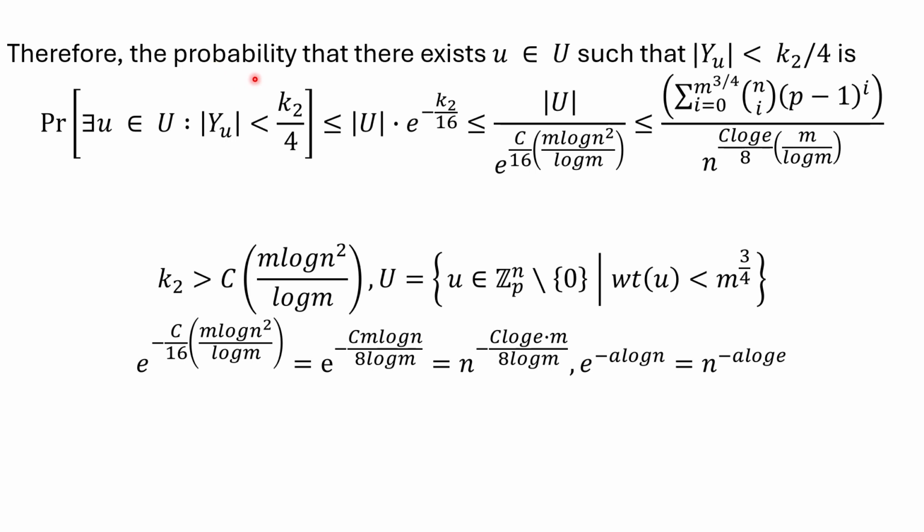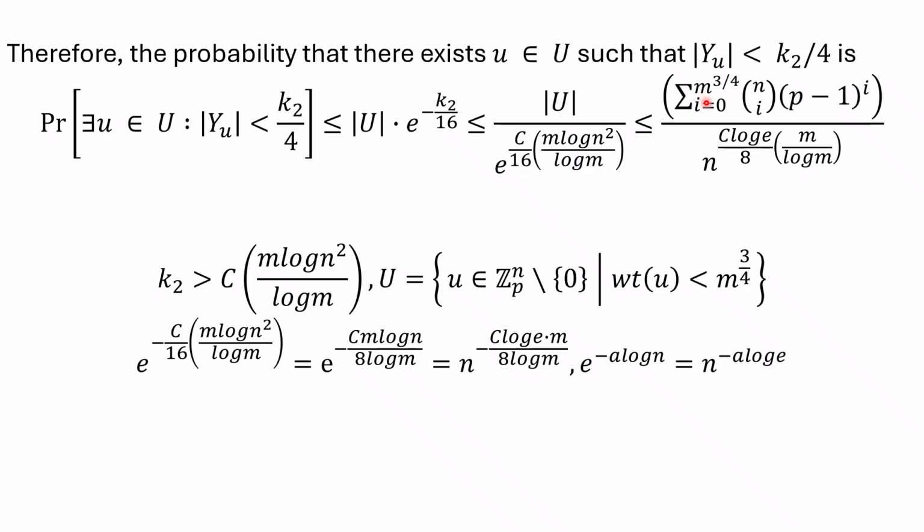Therefore, the probability that there exists u that belongs to U such that the size of yu is less than k2 divided by 4 is the size of u multiplied by the probability. This probability is less than e to the power of c divided by 16 n log n squared divided by log m, because we saw that k2 is greater than this number. The size of u is m.